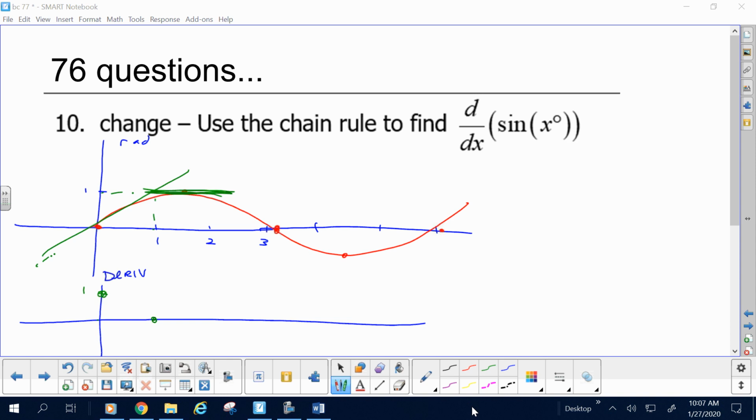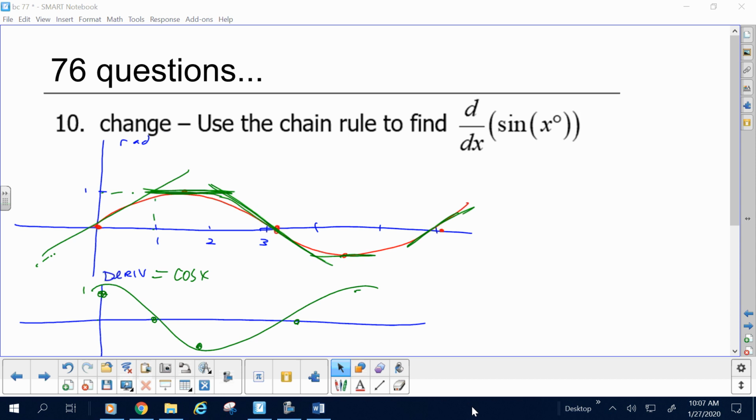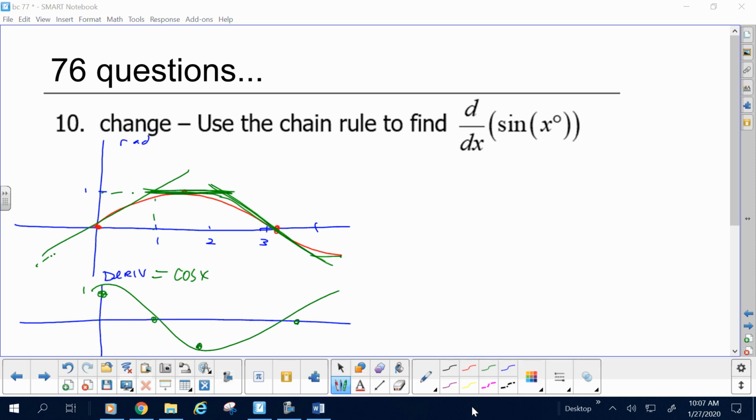At pi, the slope is -1. Then the slope is 0. Then the slope is +1. And so we see that the derivative looks like cosine.